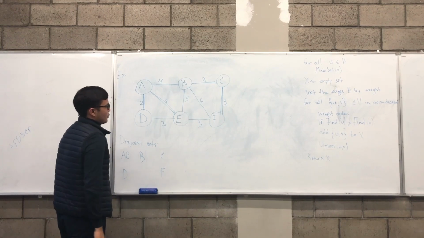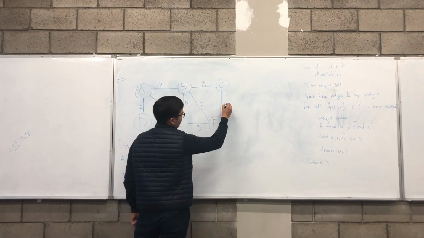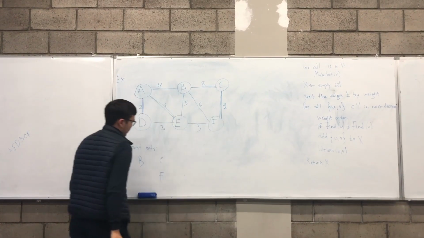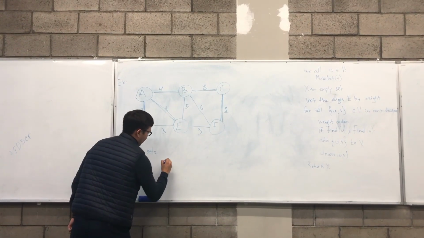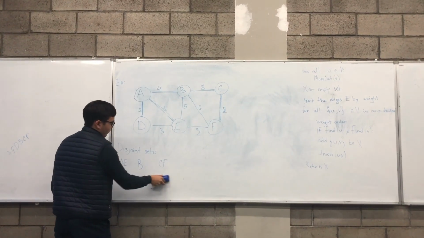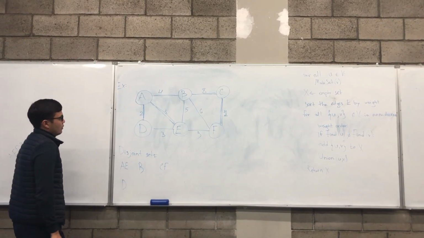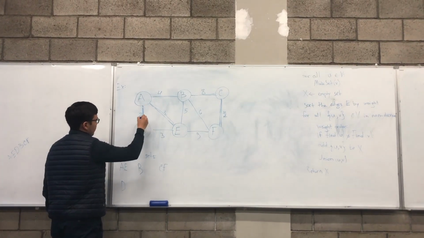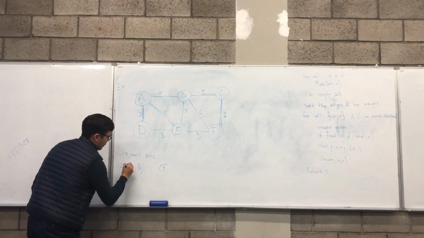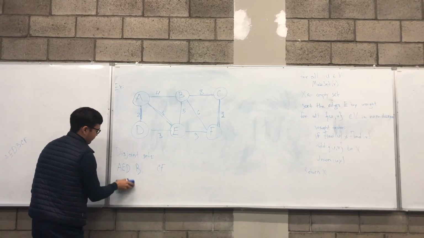The next one. Which one is the smallest? Here's one from C to F, so we write C to F here. And the next one, which is the smallest? Here's the 2, so we also write it here.